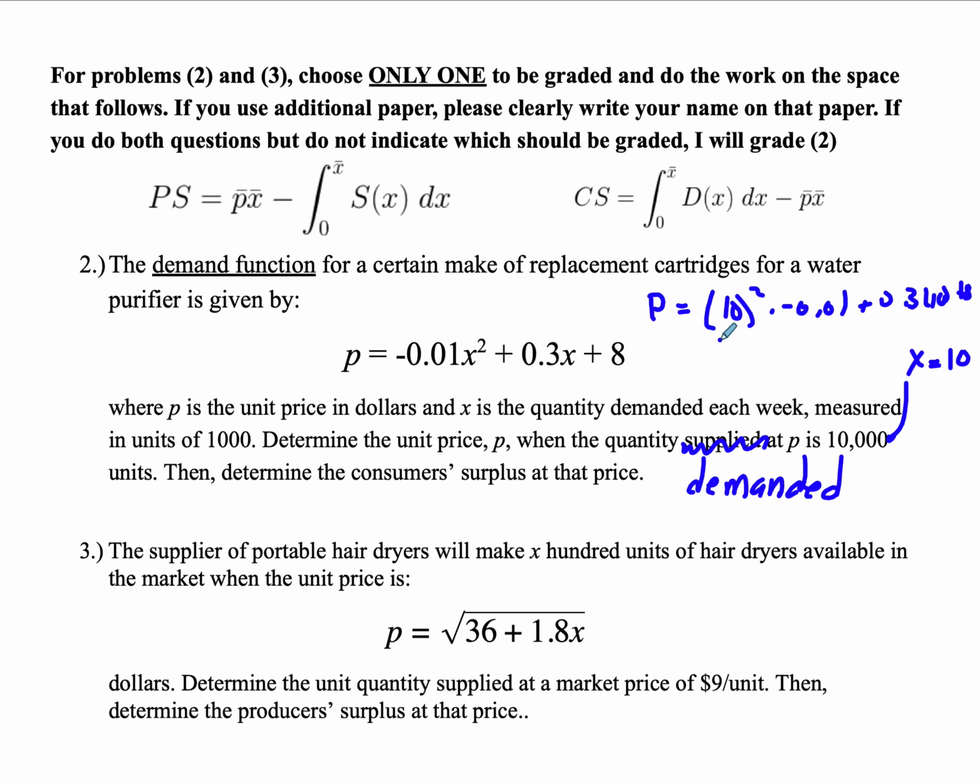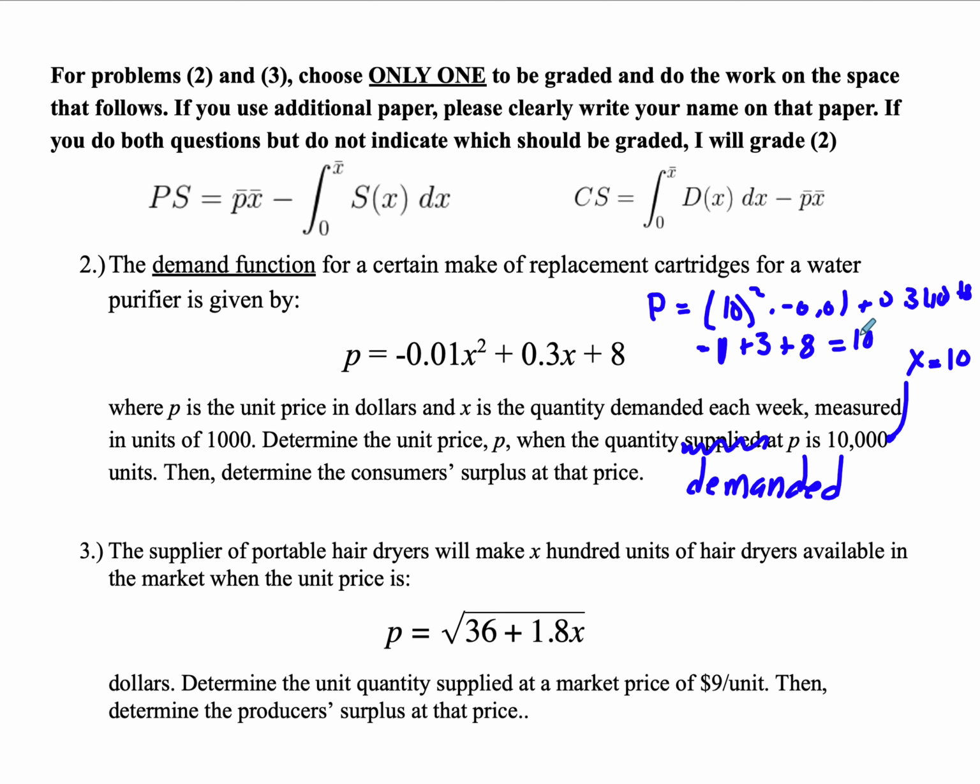That would be -1, because it's 100 times -0.01. -1 plus 3 plus 8, and that is 10. So the unit price for the water purifier when 10,000 are demanded per week is $10.